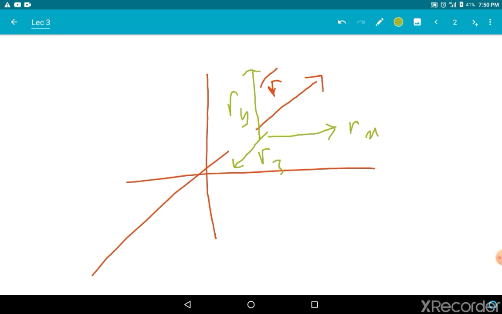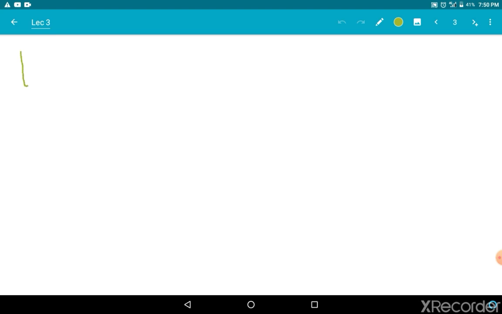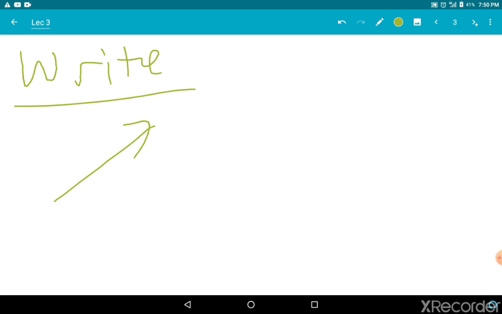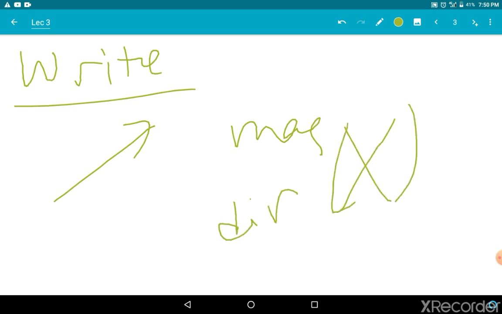I don't think I did the ways of writing a vector, so let me just tell it in short here. Writing a vector, we can either draw it or give its magnitude and direction, but nobody cares about these two. These are not efficient.